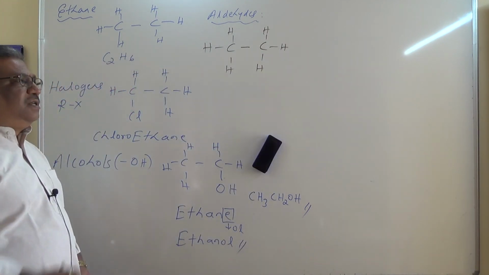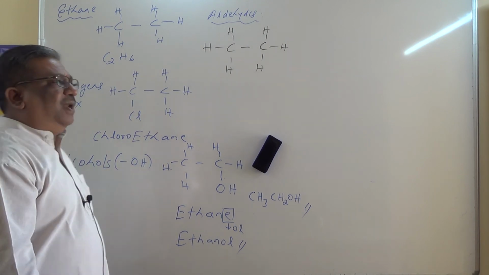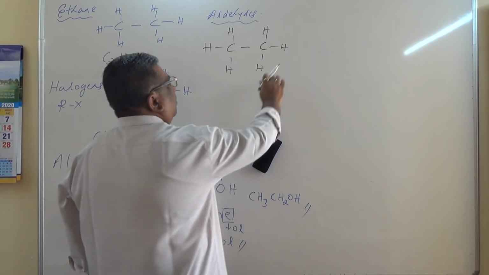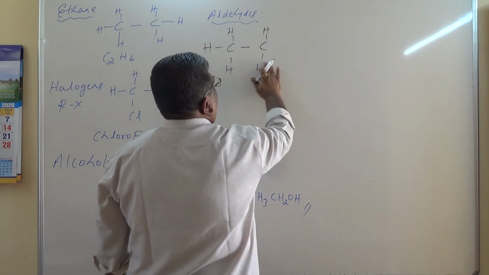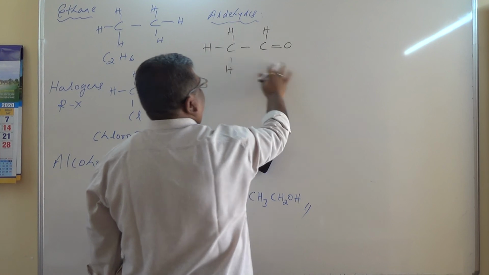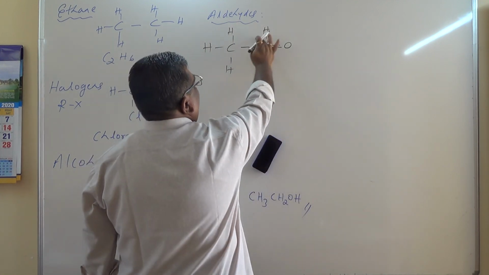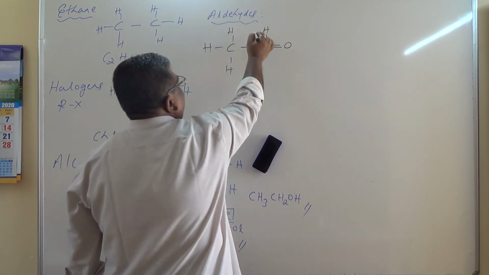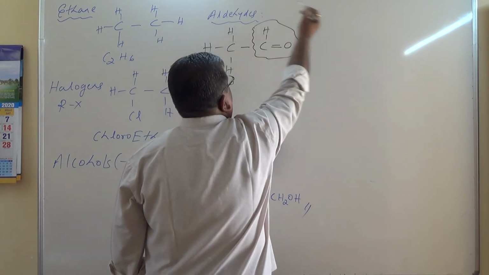I want to introduce an aldehyde. What is the formula? CHO. So in that case CHO is required, with a double bond O. Is it balanced? 1, 2, 3, 4. Yes. This is nothing but the CHO aldehyde group.